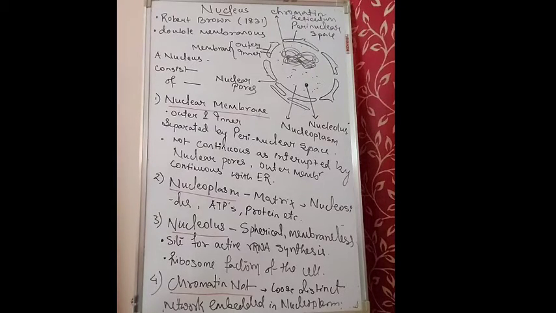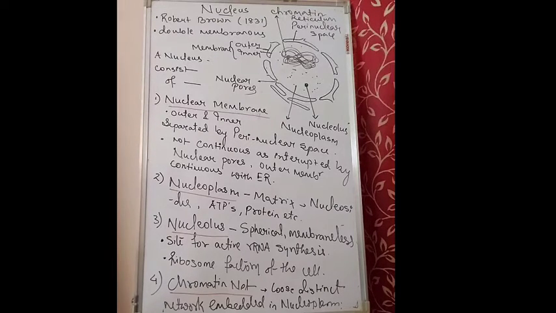That means nuclear pores allow movement of particles inside and outside the nucleus. The inner membrane is always lined by nuclear lamina; the inner side of the nuclear membrane consists of a protein known as lamin protein that forms the nuclear lamina. So this is about the nuclear membrane.